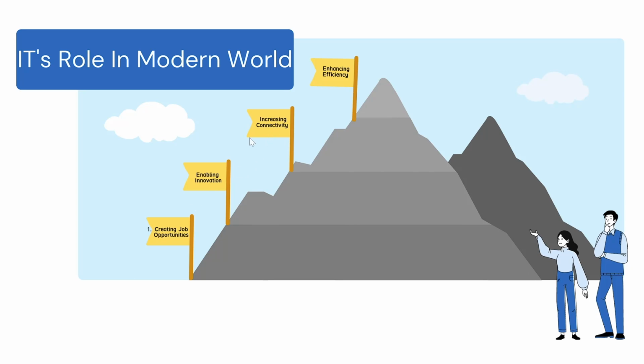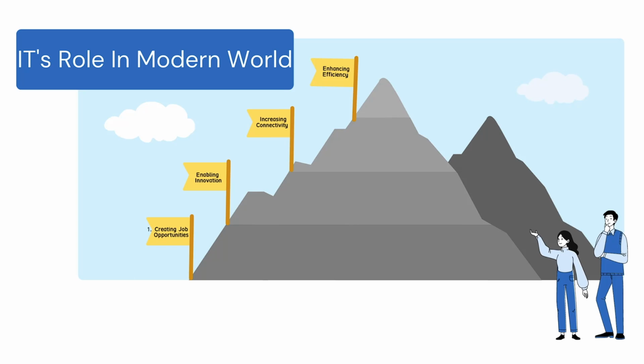Okay, our third point is increasing connectivity. IT has played a major role in increasing connectivity across the globe through internet, mobile devices, social media, internet of things, etc. Now the fourth one is enhancing efficiency. IT has enhanced efficiency in many different ways. Here are some ways.